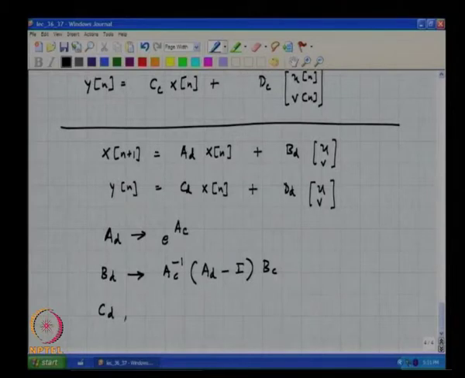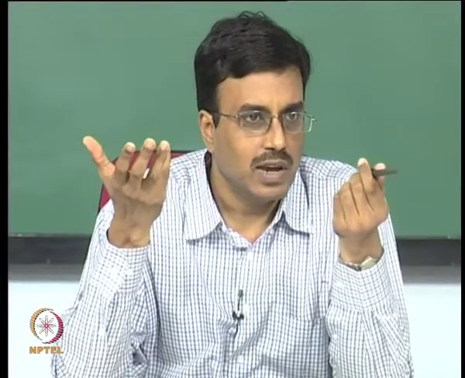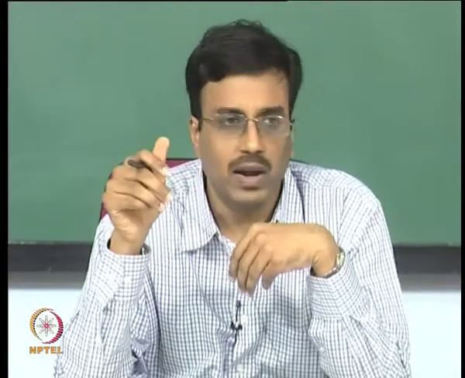CD and DD are simply CC and DC. Okay. So, the poles of the loop filter are nothing but the eigenvalues of the A matrix.